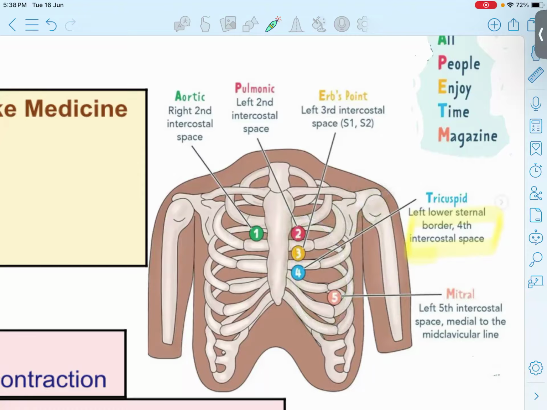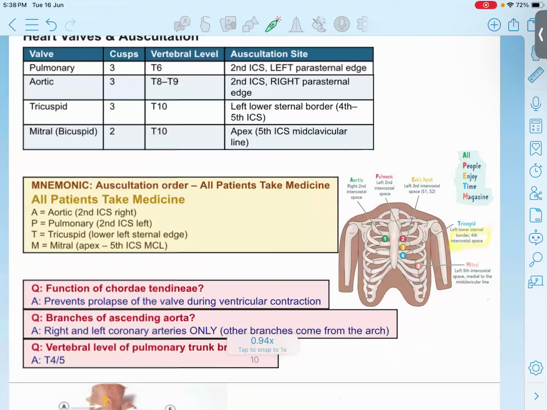Just keep this image in mind. It is in the second intercostal space, also in the second intercostal space, right side, left side, and only the mitral valve is deviated, at the fifth intercostal space, left side, medial to the midclavicular line. So just remember this image.